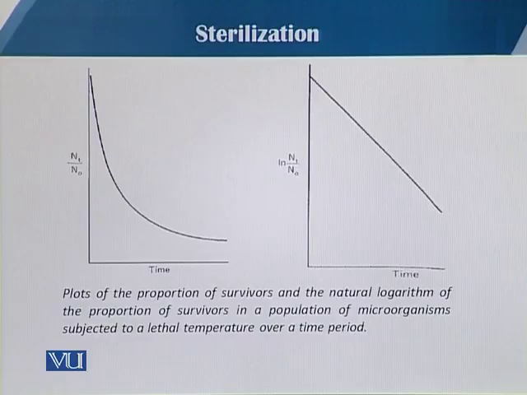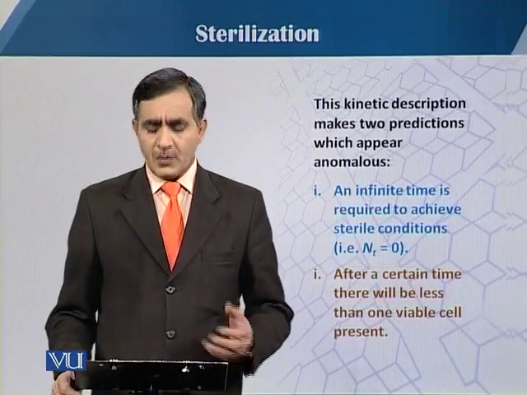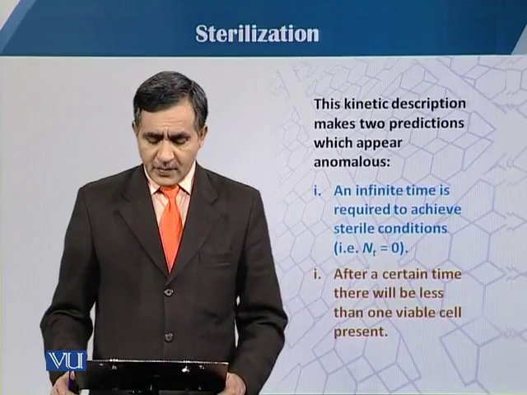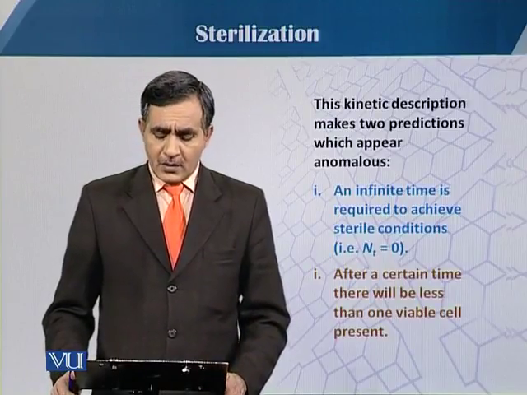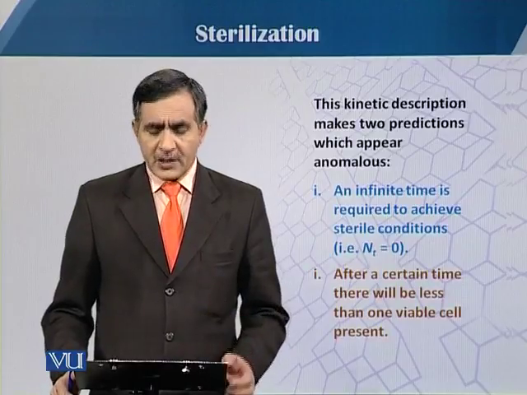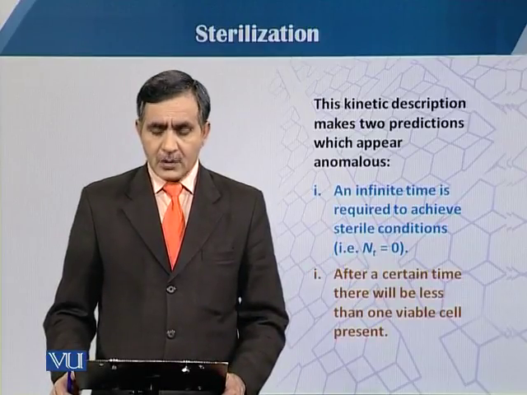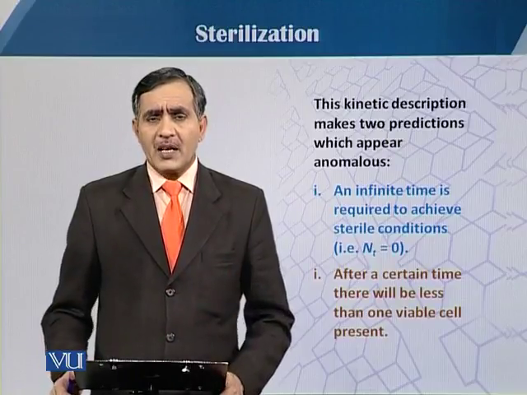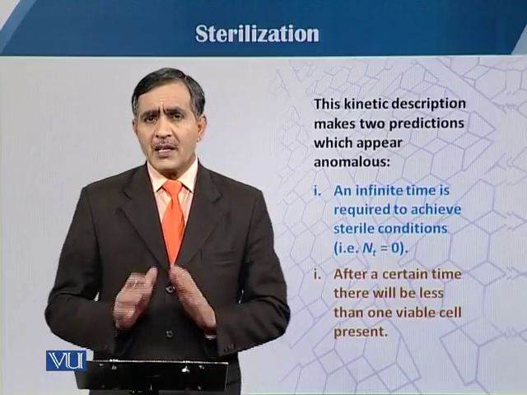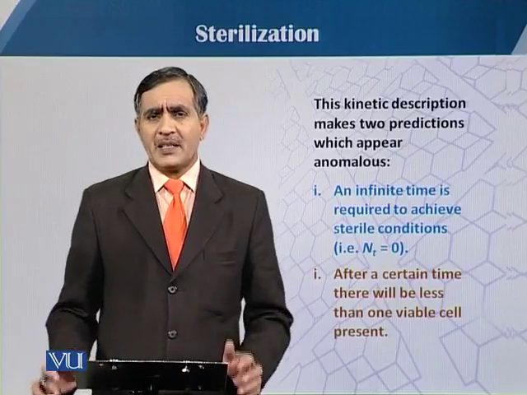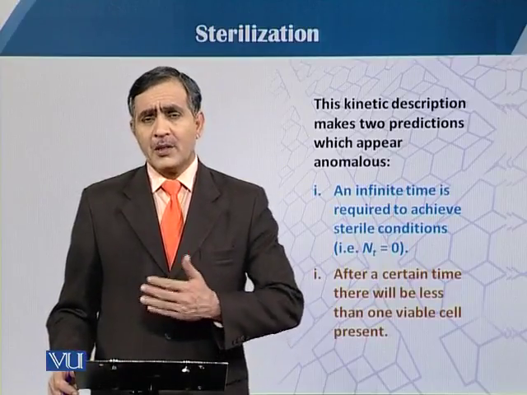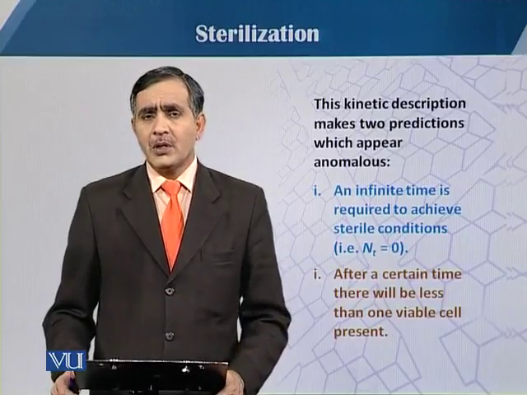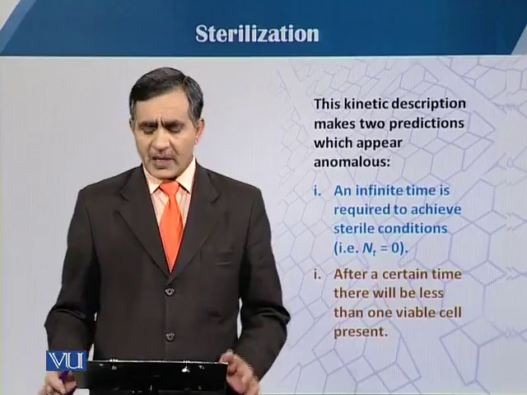This kinetic description makes two predictions that appear anomalous. An infinite time is required to have a sterilized condition, meaning 100% removal or 100% kill. Nt is equal to 0 when there are no more survivors.